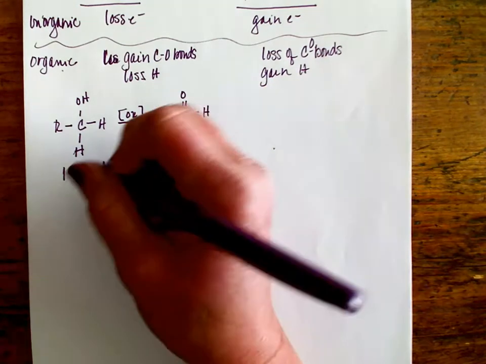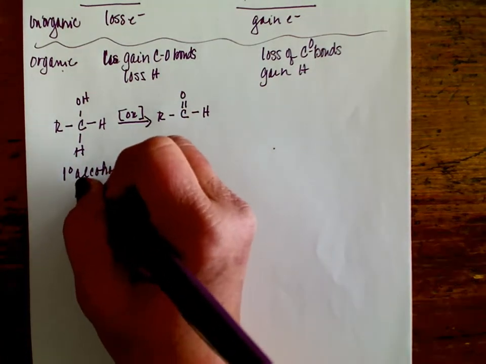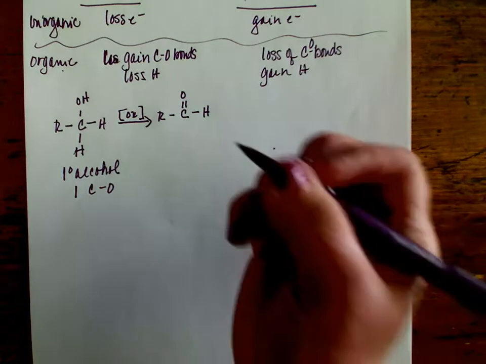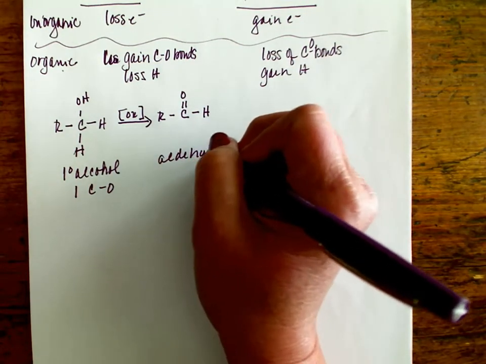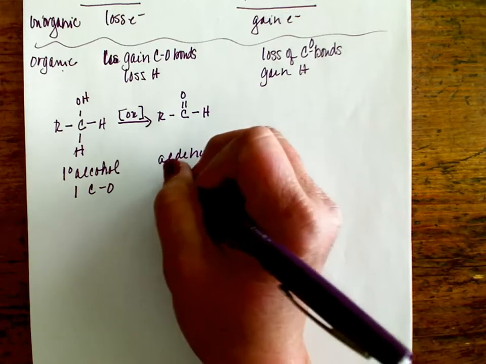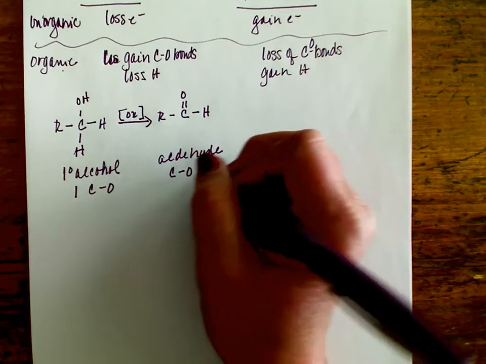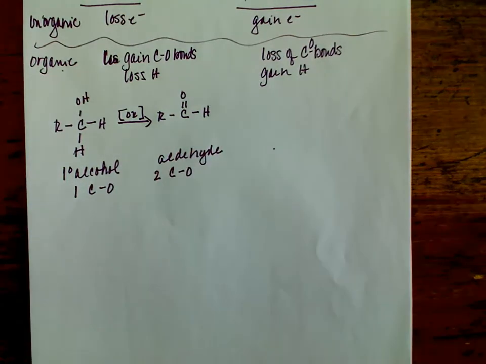So in the alcohol, we had one C-O bond, and in the aldehyde, we have increased our C to O bonds. We have two of those now. And in doing that, we also lost hydrogens.